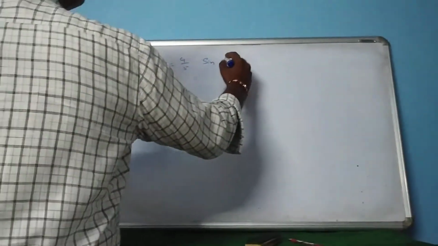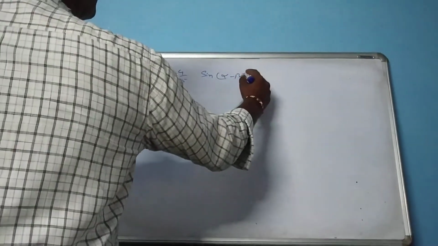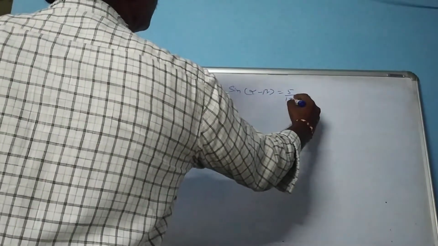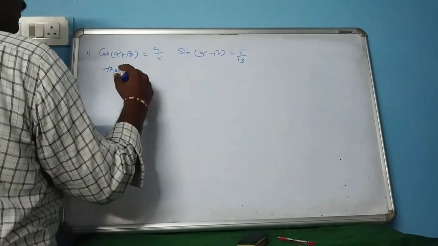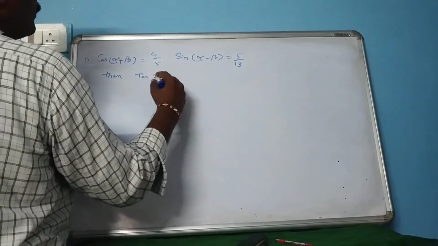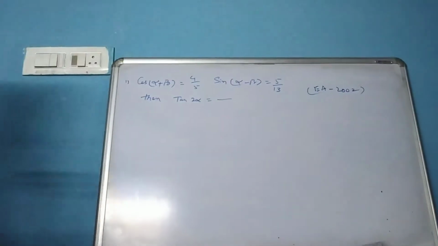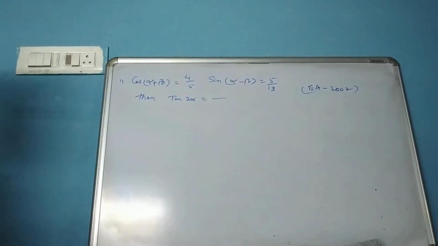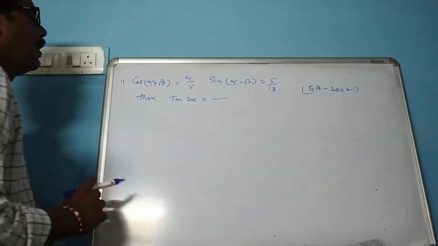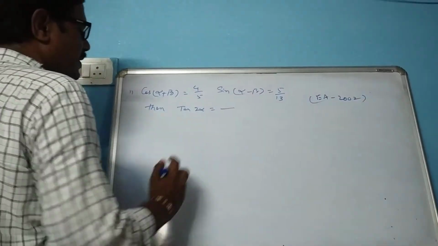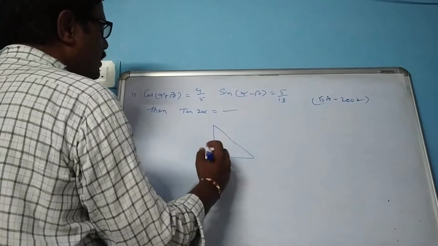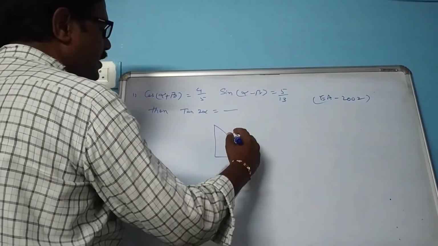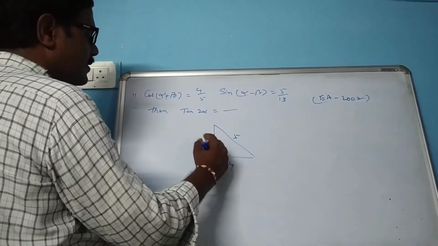sin (alpha minus beta) is equal to 5 by 13, and cos (alpha plus beta) is equal to 4 by 5. Then tan 2 alpha is equal to dash. Question given in MSET 2002. You see friends, cos (alpha plus beta), adjacent side by hypotenuse. This is 3.